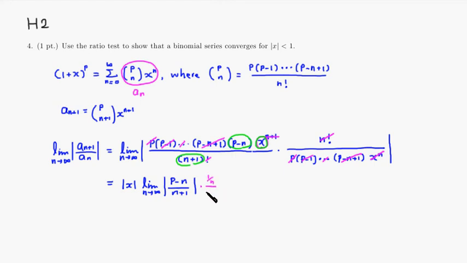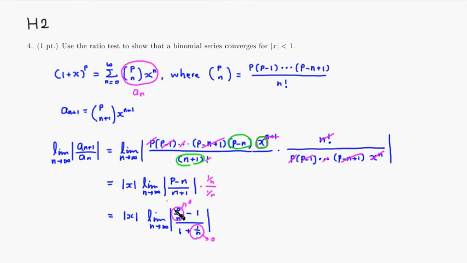So absolute value of x times the limit as n approaches infinity of the absolute value of p over n minus n over n, which is 1, over 1 plus 1 over n. Since n is going to infinity and p is just a finite number, p divided by a really big number approaches 0, and 1 divided by a really big number approaches 0.